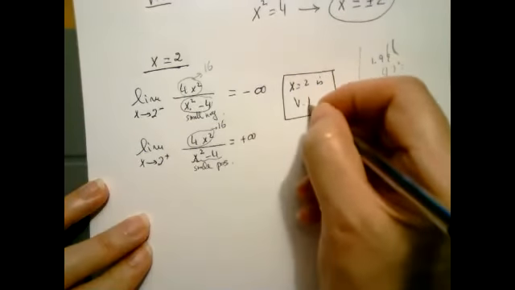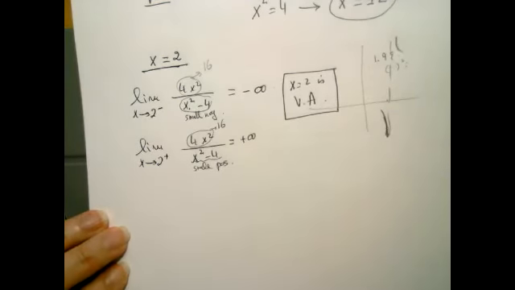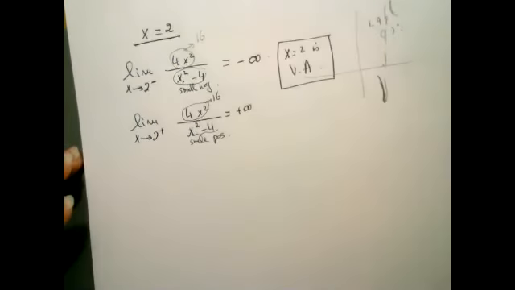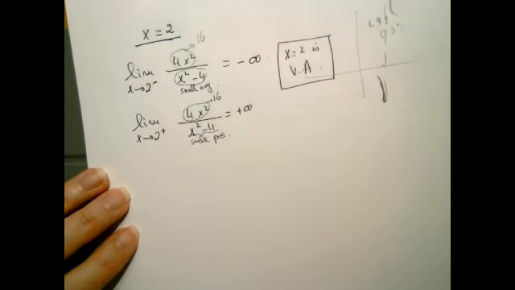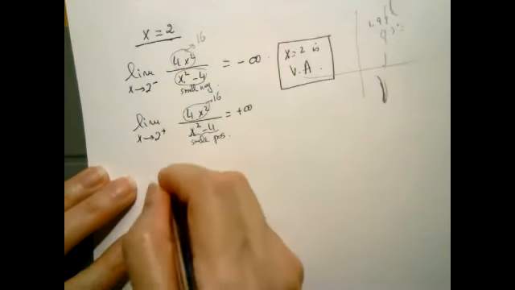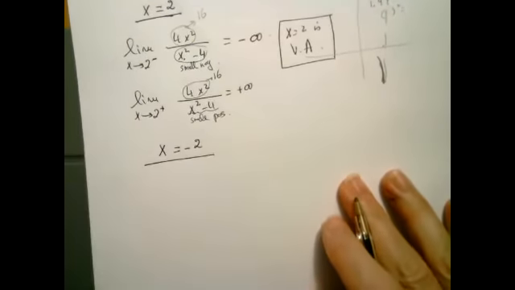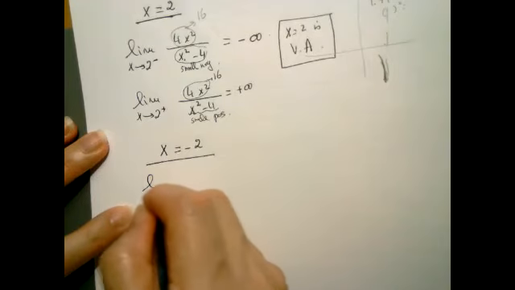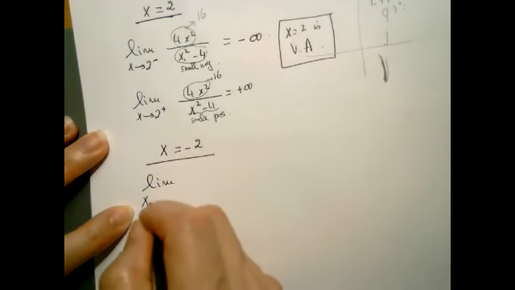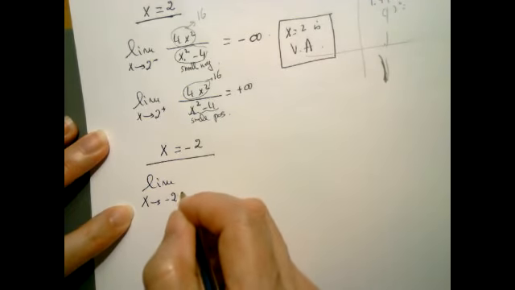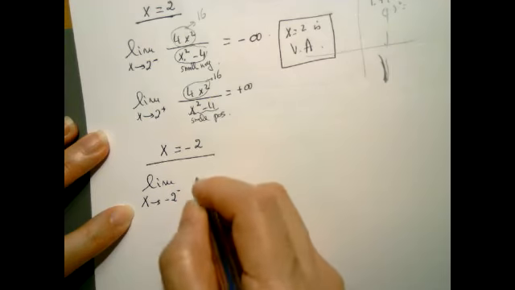No question asked whatsoever. Now if we do x equal to minus 2, we have to analyze it again very, very carefully. You guys will basically have your calculator with you tomorrow, so you can really study this by plugging in numbers. So x becomes close to minus 2 from the negative.